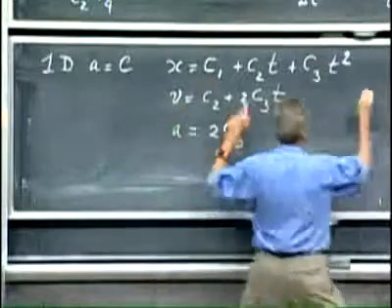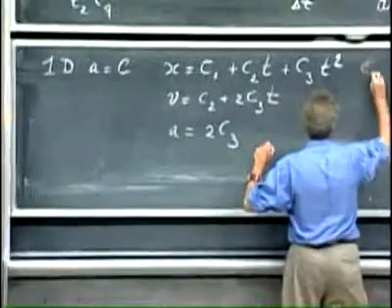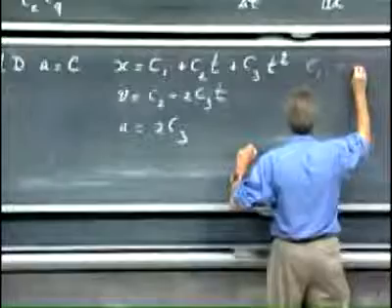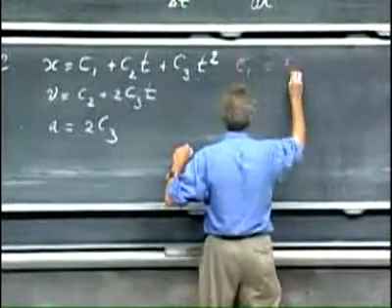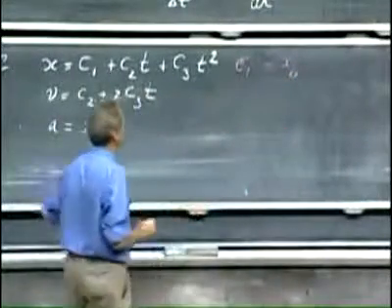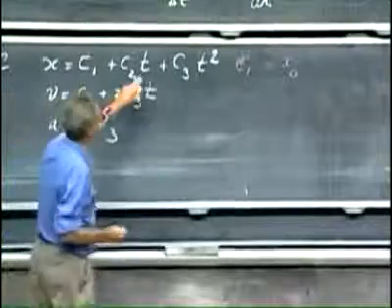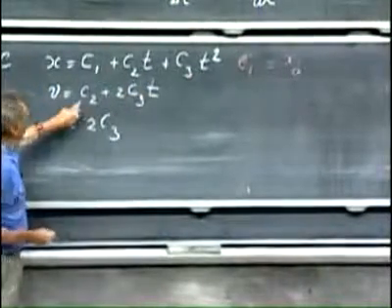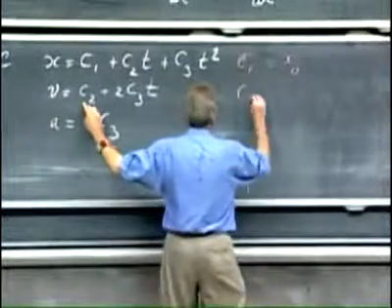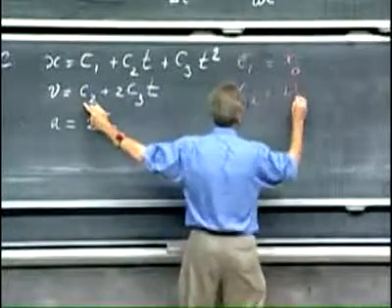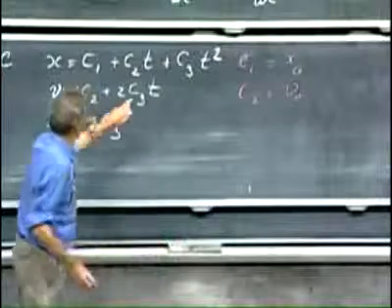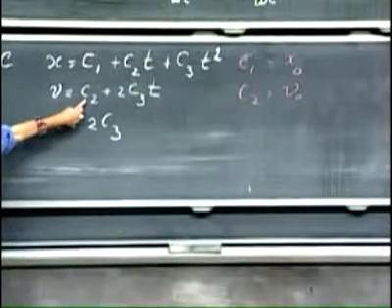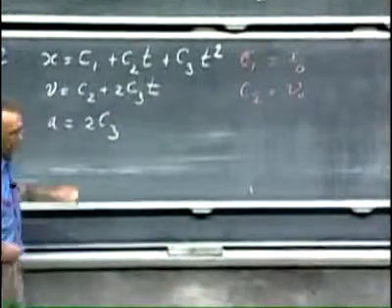Clearly, c1 is the position x at time t equals 0, for which we often write x0, because when t is 0, that is where x is. c2 is really the velocity at time t equals 0, because when t is 0, that's when c2 is v.